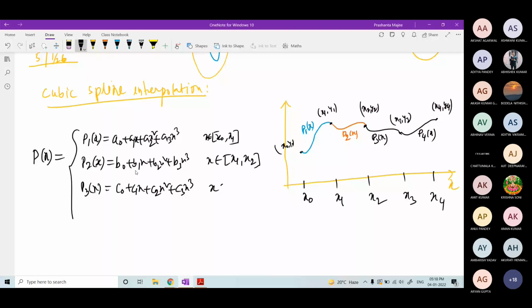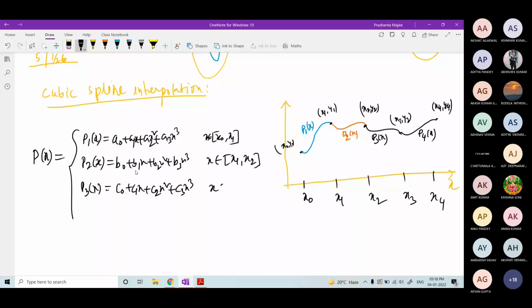So if there are 100 data points, then there will be 99 subintervals. So in 99 subintervals, there will be 99 third degree polynomials.